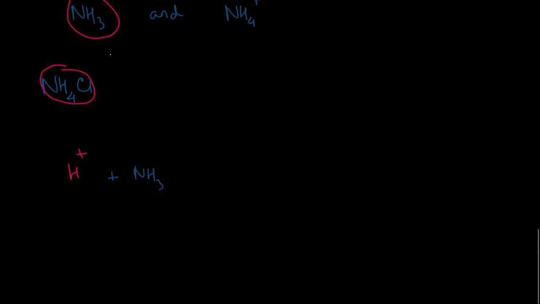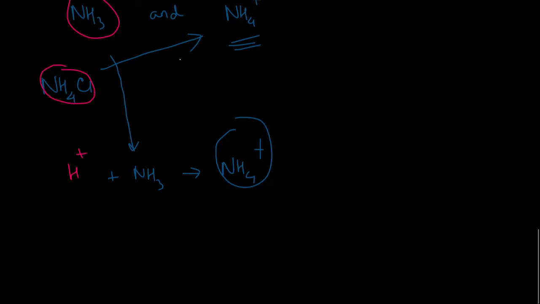Of the huge reservoir of ammonia, only a small amount will come into action and they will form NH4 plus. So this NH4 plus is negligible, right? Because you already have a huge amount of NH4 plus coming from the salt, because NH4Cl dissociates completely to form NH4 plus and Cl minus, right? So you already have a huge amount of that. So no change. And the amount of ammonia you have used here is also negligible.